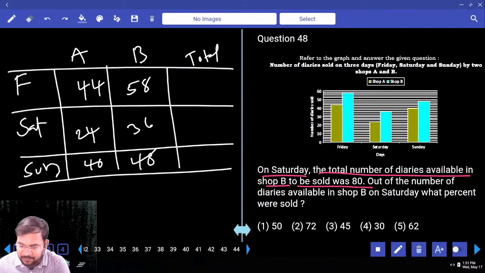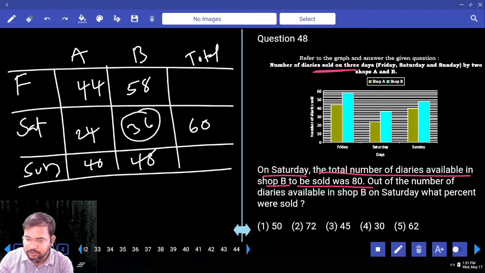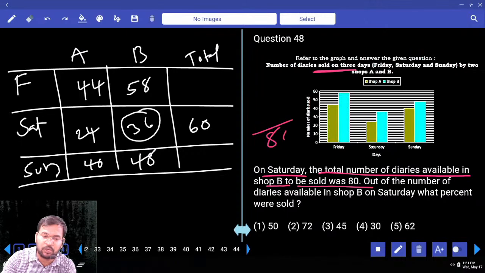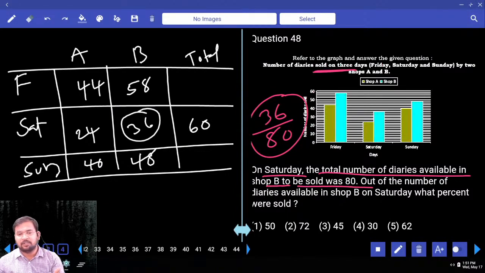Out of the total number of diaries available in shop B on Saturday, what percentage were sold? Total 80 available. Sold is 36 only. 50% is 40. 5% is 4. If you subtract 4 from 40, that is 36 only. And exactly how much percentage? 45%.